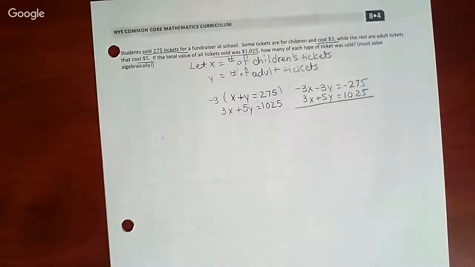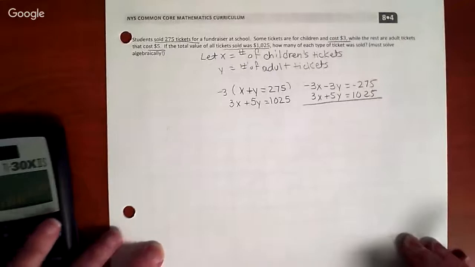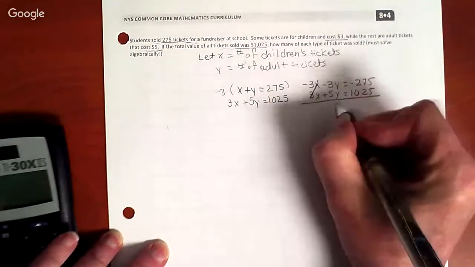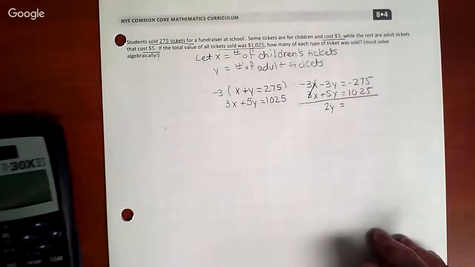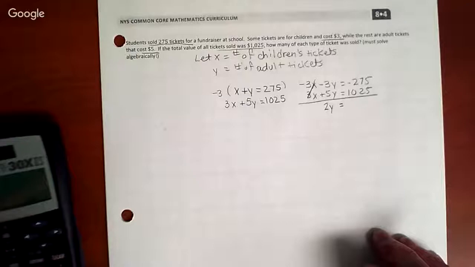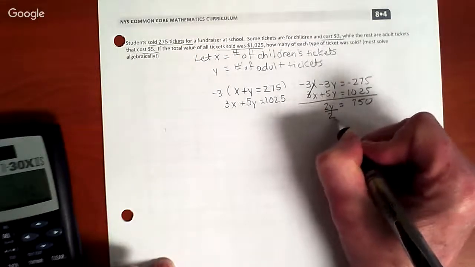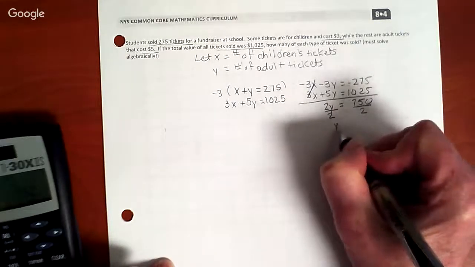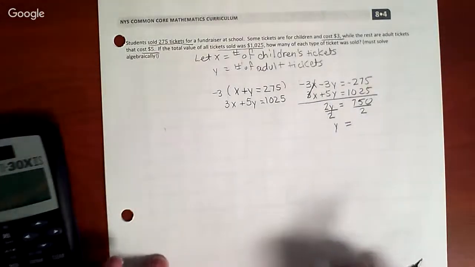So using our calculator, we have 2Y equaling 750. Dividing both sides by 2. Y equals 375.